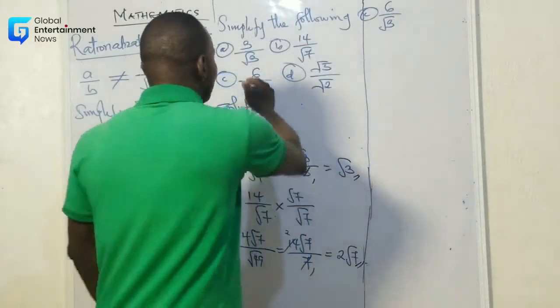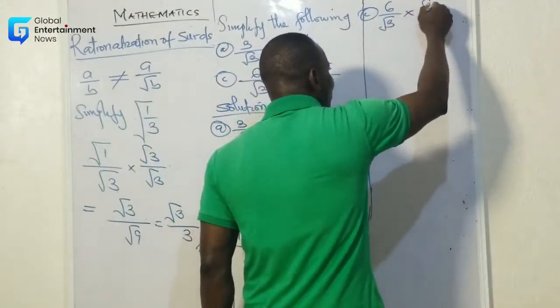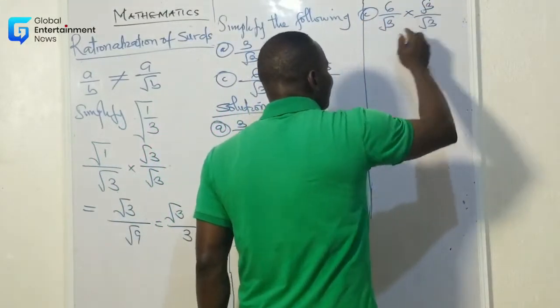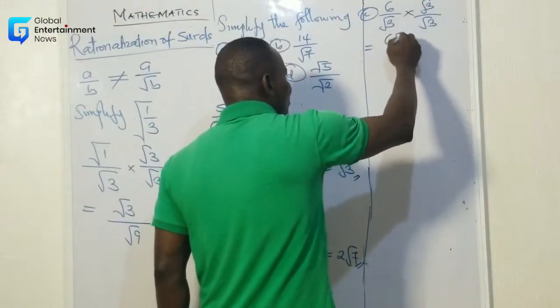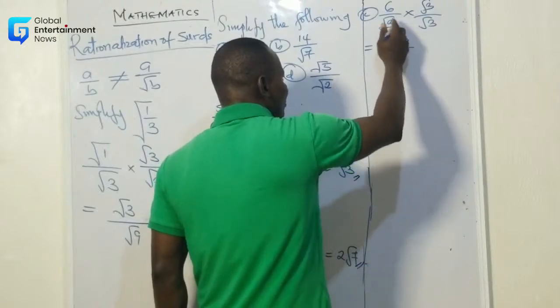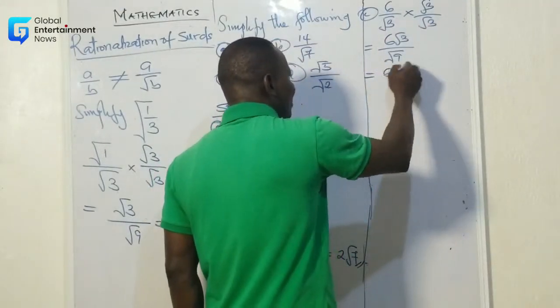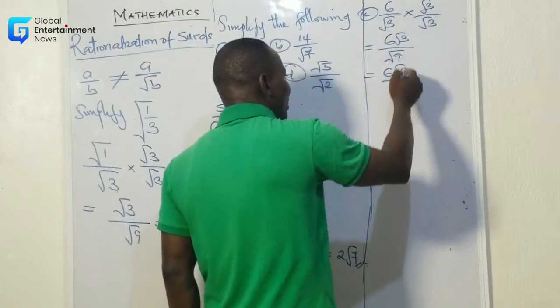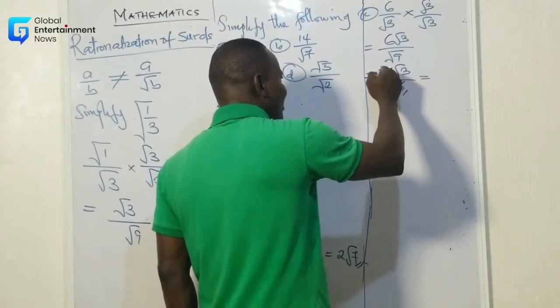We use the denominator to multiply both sides, times root 3 over root 3. 6 times root 3 is 6 root 3, over root 3 times root 3, which is 9 under the root. So we have 6 root 3 over the square root of this, which is 3. And my final answer is 3 over 3 is 1, and 6 over 3 is 2.